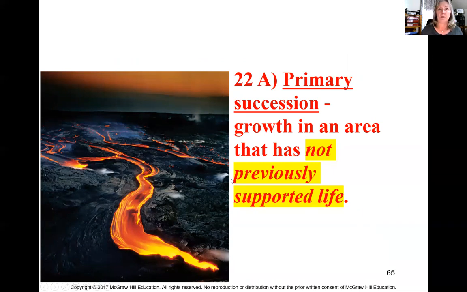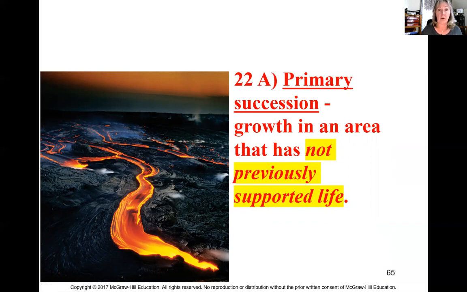You've got 2 types of ecological succession. Primary means first. So let's say we just had to start with nothing. We started with rock. An example of this would be if a volcano erupted and you have the lava and then it hardens, you're going to have solid rock.